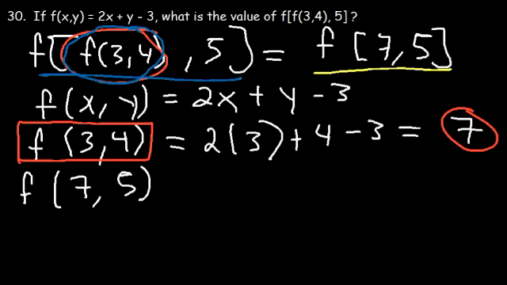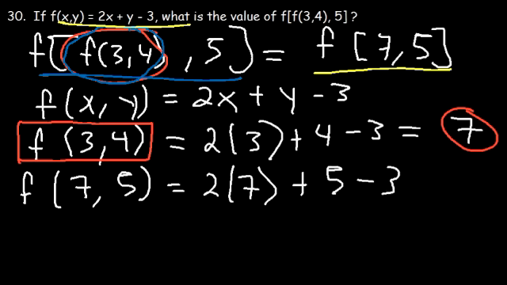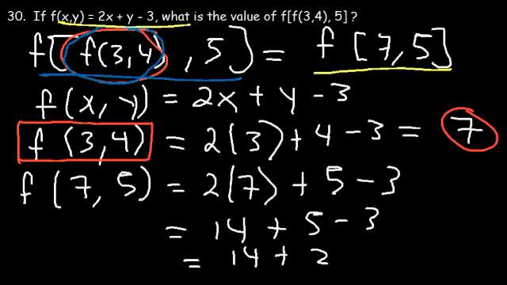So in this equation, let's replace 7 for x and 5 for y. So 2 times 7 is 14, and let's do 5 minus 3 actually. 5 minus 3 is 2, and 14 plus 2 is 16. So the final answer is 16 for this problem.